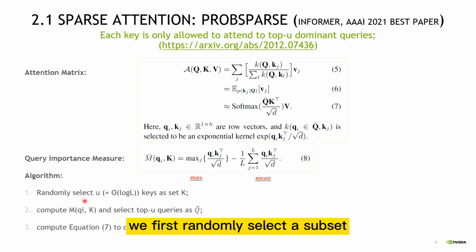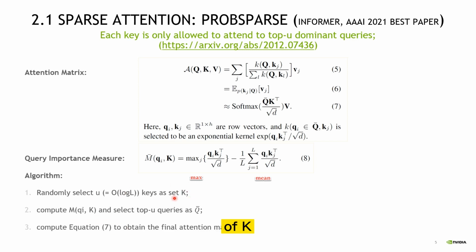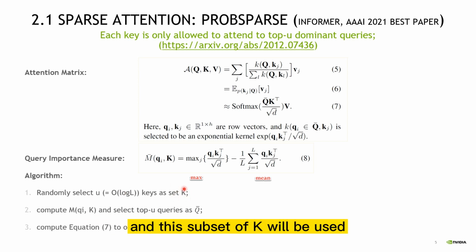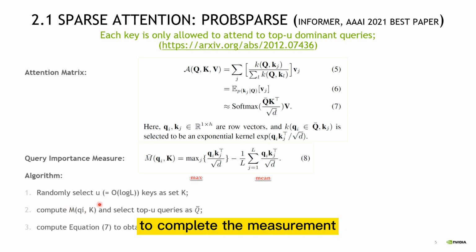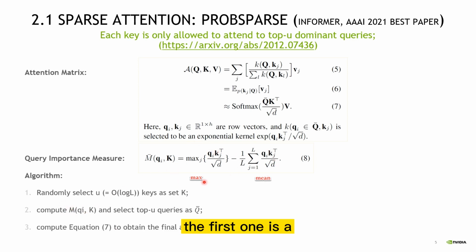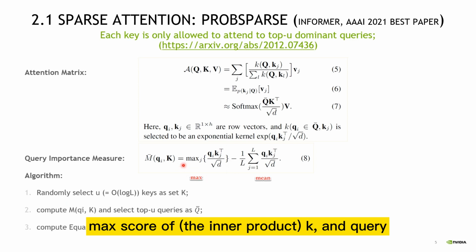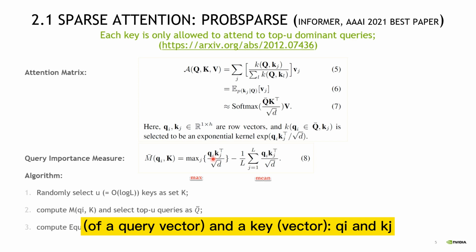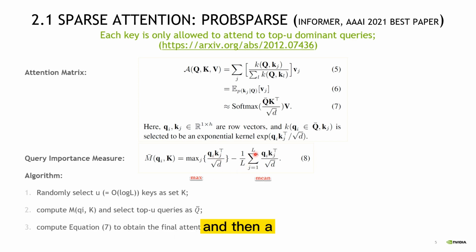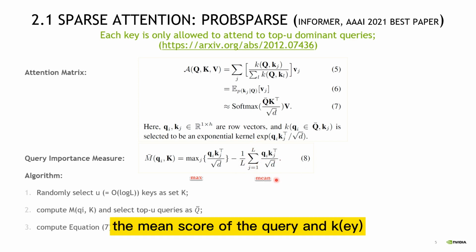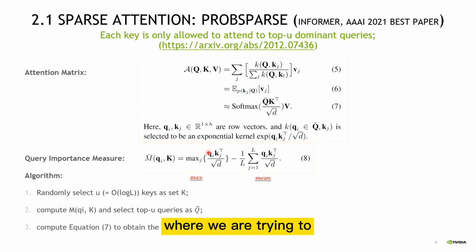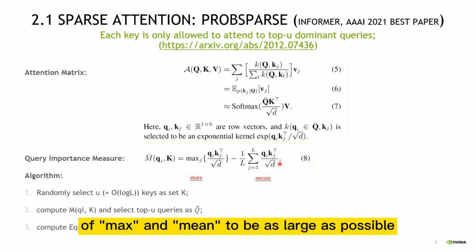We first randomly select a subset of K, and this subset of K will be used to compute the measurement. This measurement includes 2 parts. The first one is the max score of Q_i and K_j, minus the mean score of the query and K. Basically, the idea is that we try to make the distance between max and mean as large as possible.